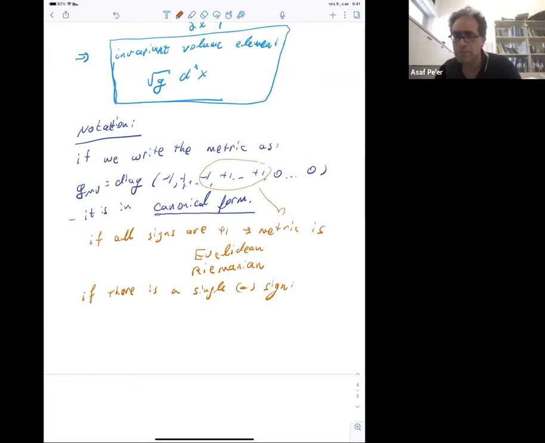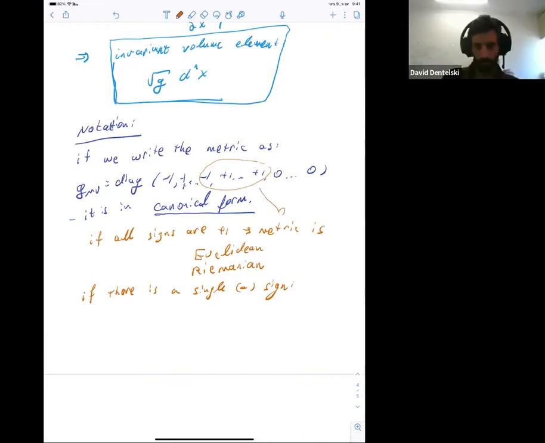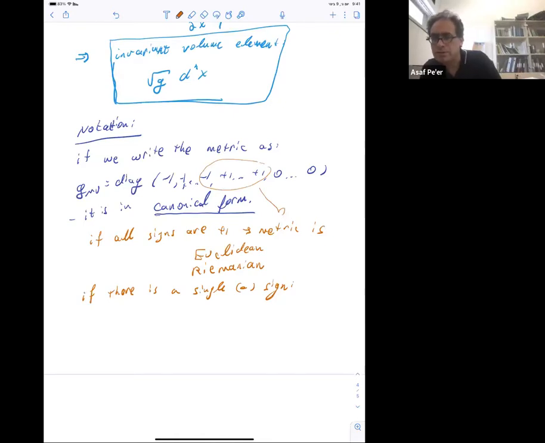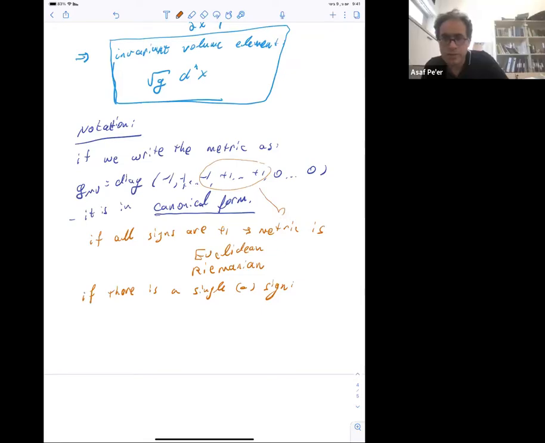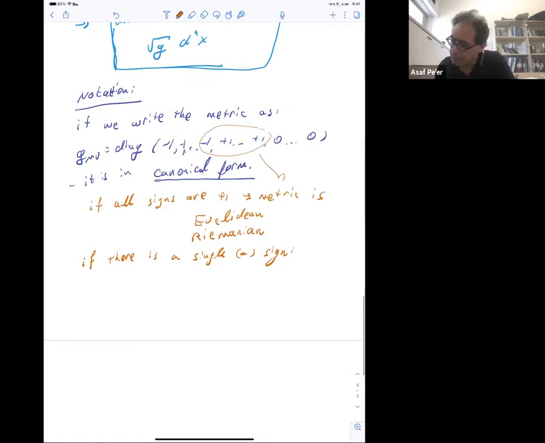I think you encountered the name one day. Any guess? Minkowski? No, this is general. This is called pseudo-Riemannian. Another name is Lorentzian. Of course, in this course, we deal with pseudo-Riemannian metrics.